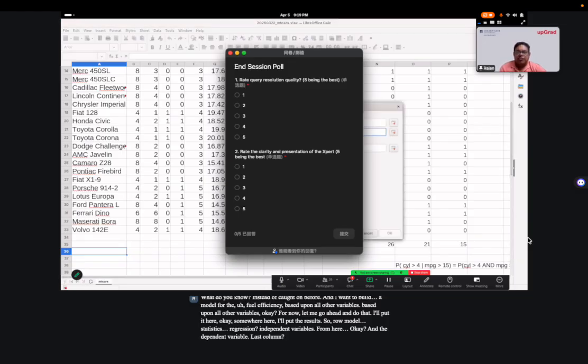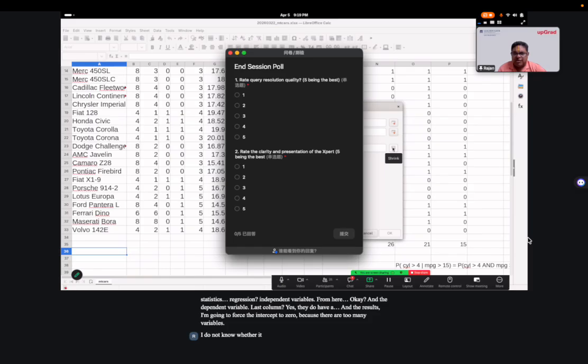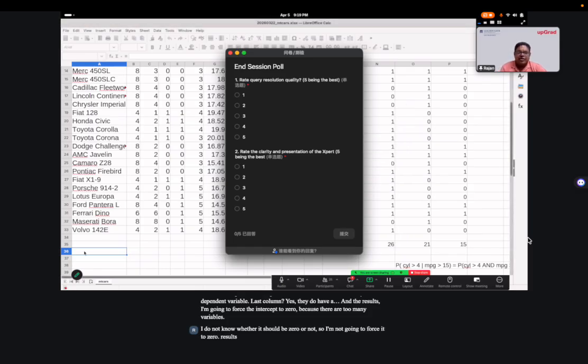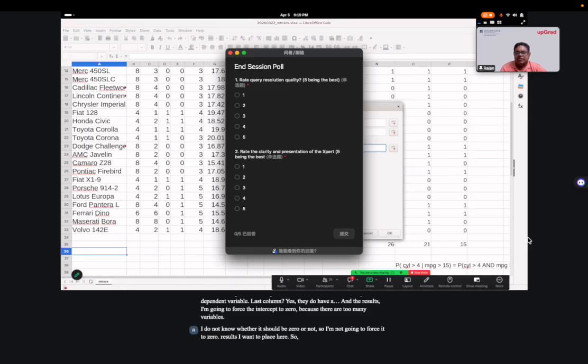I'm not going to force the intercept to 0 because there are too many variables. I do not know whether it should be 0 or not, so I'm not going to force it. Results I want to place here. Okay, go.